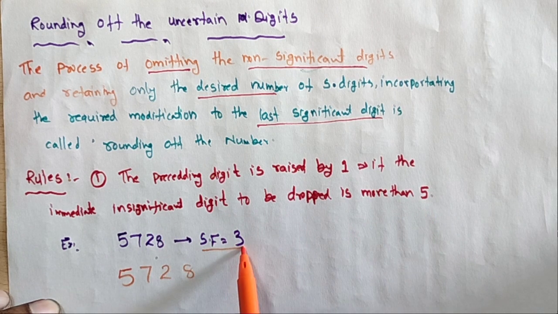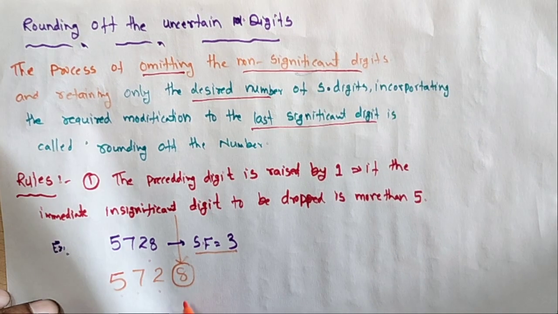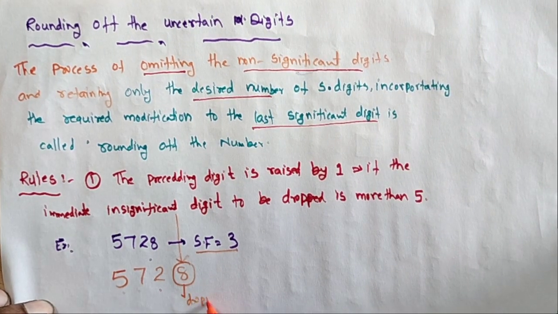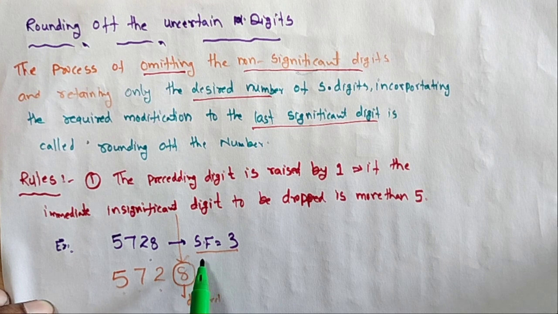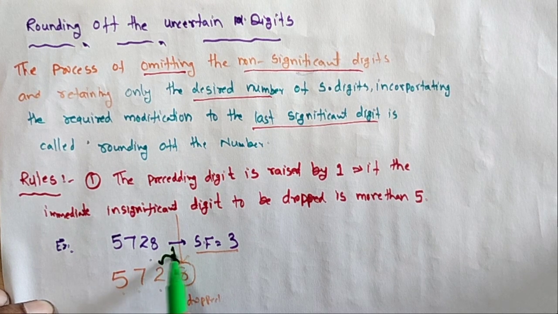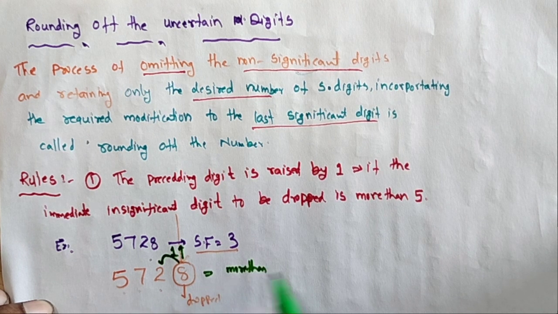So this is 3 significant figures: 1, 2, 3. What is the immediate insignificant digit? This 8 is the digit to be dropped. What happens if it is more than 5? It is raised by 1. If it is less than 5, it is not raised. This 8 is more than 5.